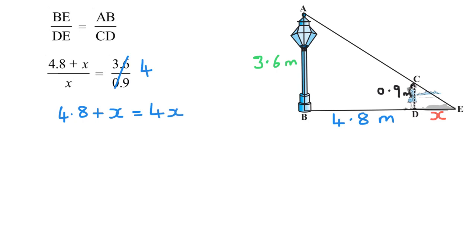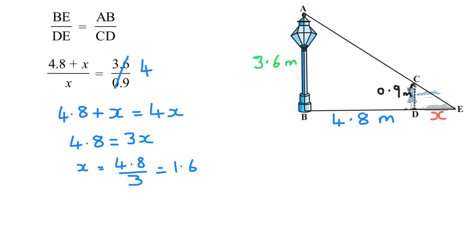So move the x to the other side. So 4.8 is going to be equal to 4x minus x, which is 3x. Divide by 3. So x is going to be equal to 4.8 divided by 3, which is equal to 1.6. So x, we found out, is 1.6 meters long.